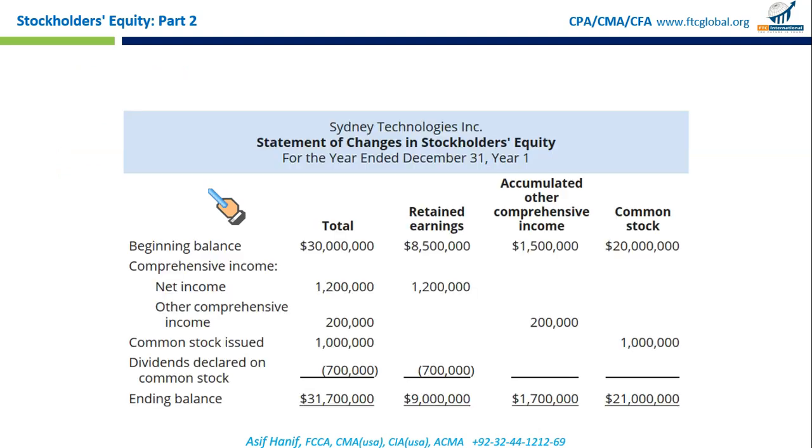And then finally, we have the statement of changes in equity shown on your screen. What this tells you is the details about the company's various equity accounts and what has happened over the period. So basically it shows you the reconciliation of various equity accounts from the opening till closing.